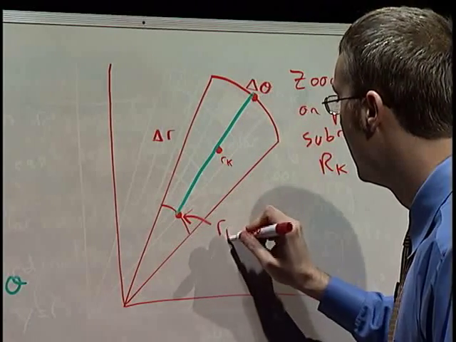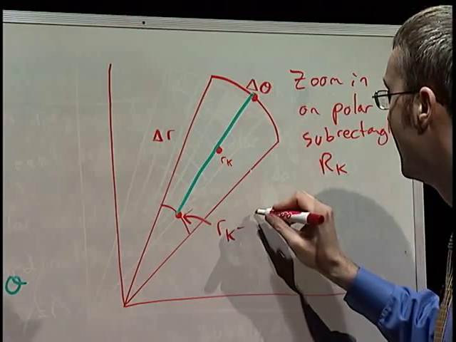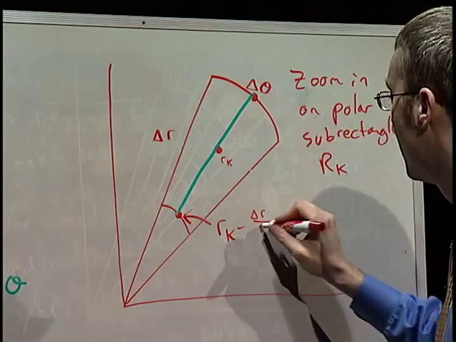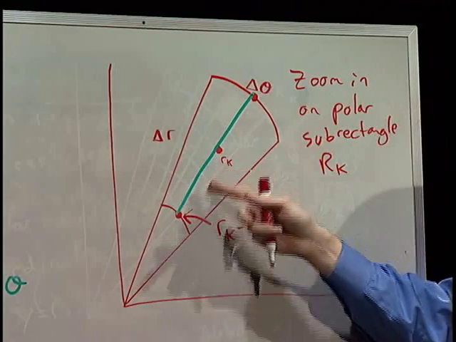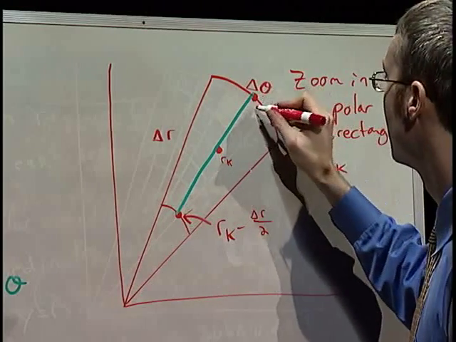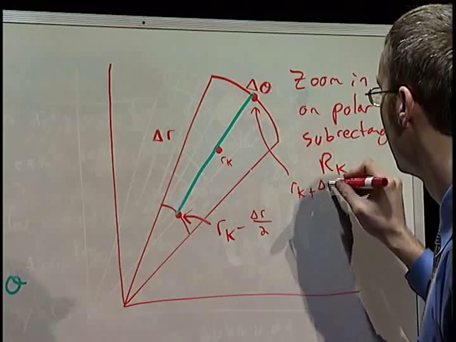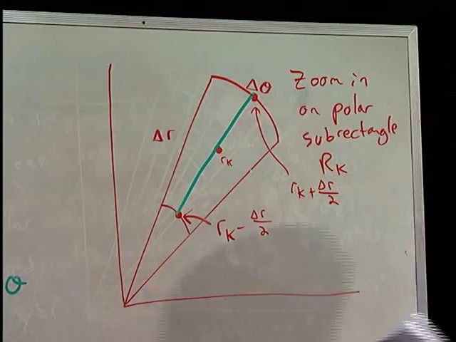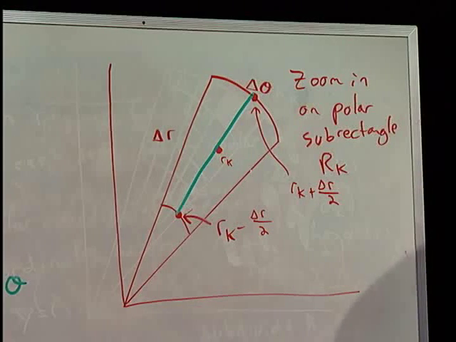If that's r sub k there, this is r sub k minus delta r over 2, it's r sub k minus half delta r. And this point up here is r sub k plus delta r over 2.